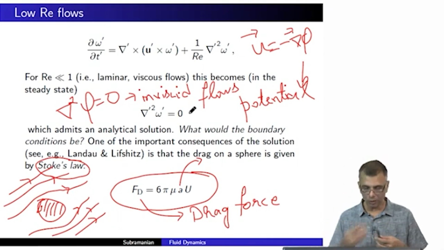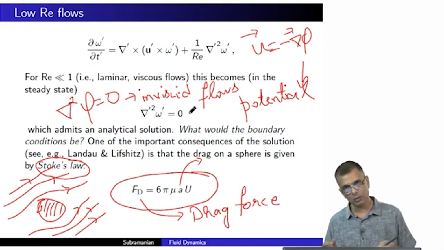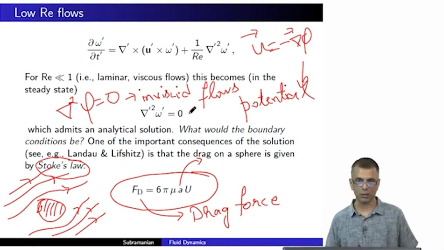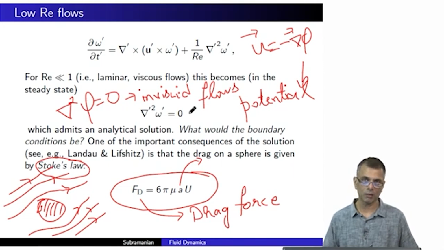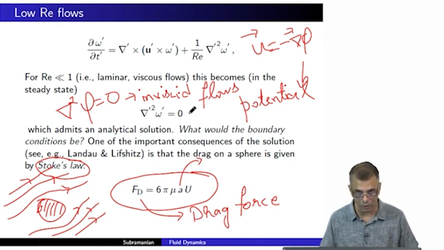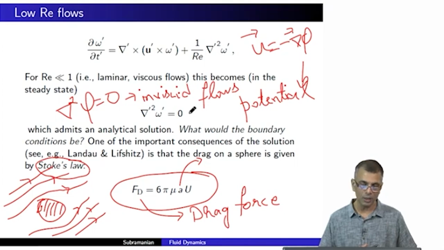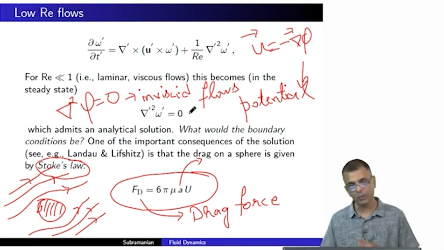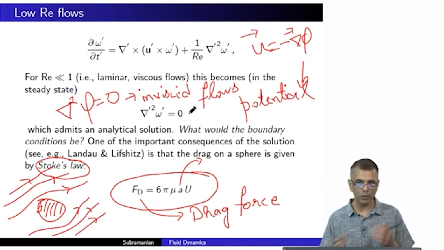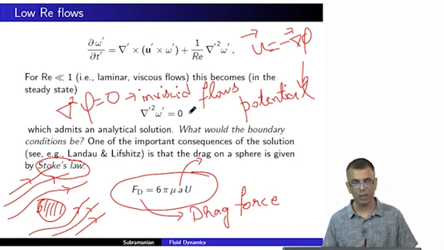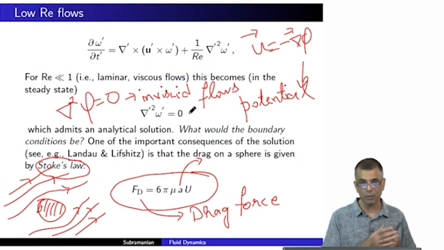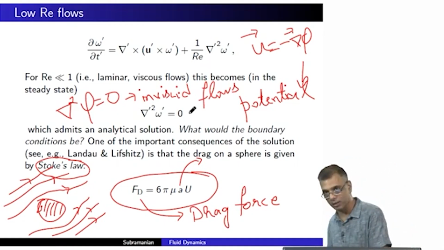Now, when we go to the next discussion, we will also look at the other extreme, in other words, the Reynolds number much larger than one situation, and try to see what the equivalent law would be in that situation. And then we'll put the two together and investigate some interesting behavior, because in real life situations, you often transition from a low Reynolds number situation to a high Reynolds number situation.